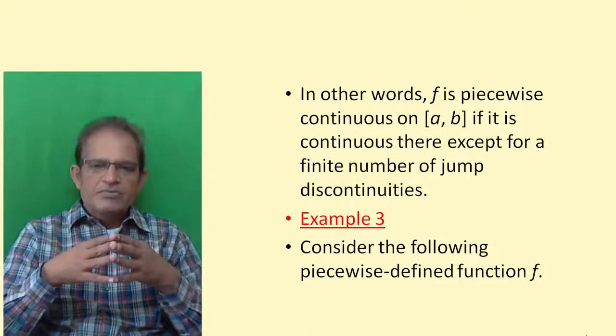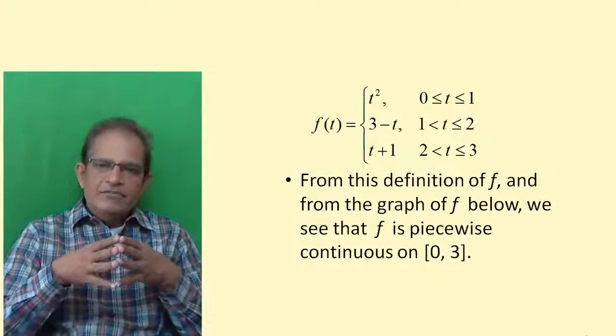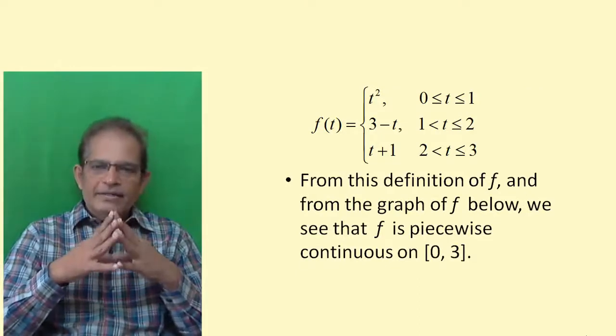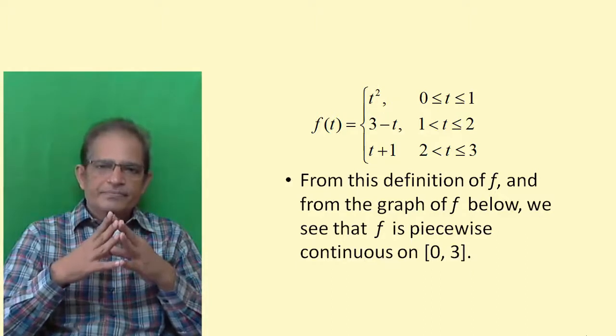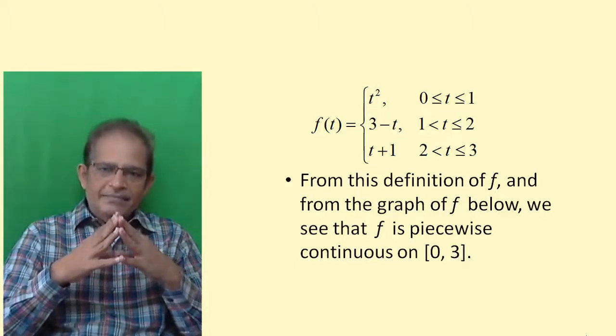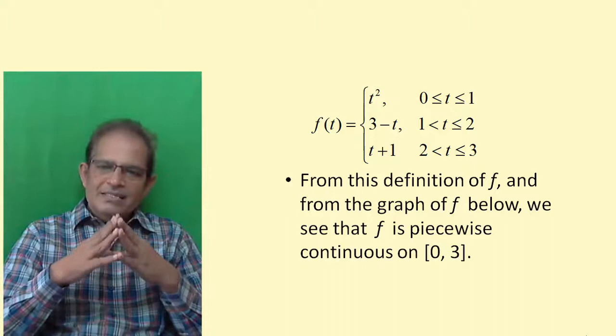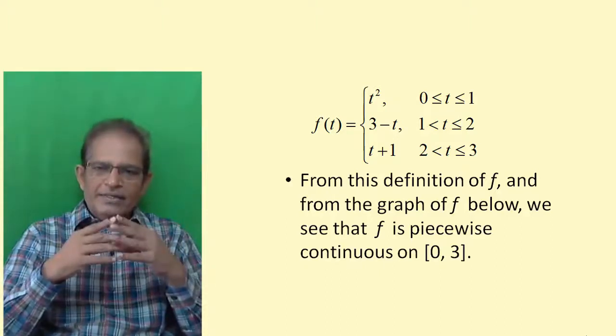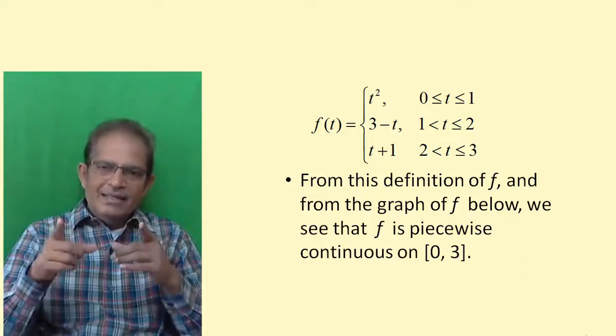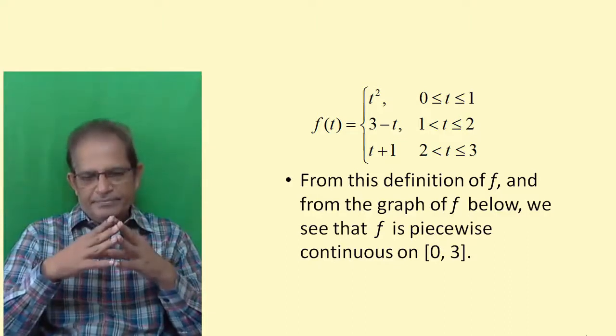Consider the following piecewise defined function f. f of t is equal to t square when t lies between 0 and 1; 3 minus t, 1 less than t less than or equal to 2; t plus 1 if 2 less than t less than or equal to 3.